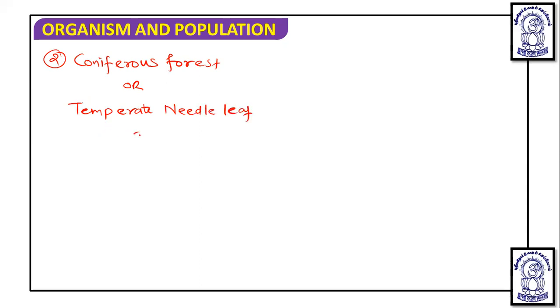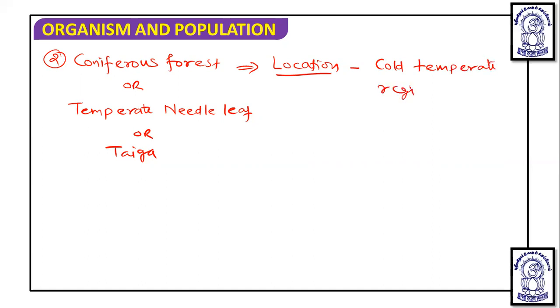Temperate needle leaf forest, or we can say taiga. If we talk about its location, it is the cold temperate region of Asia, North America, Europe, and south of tundra.